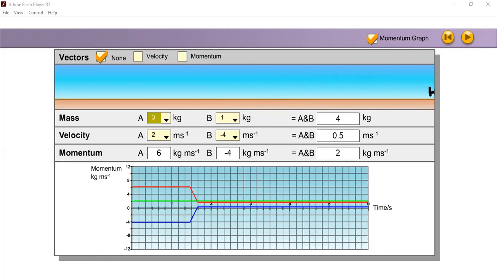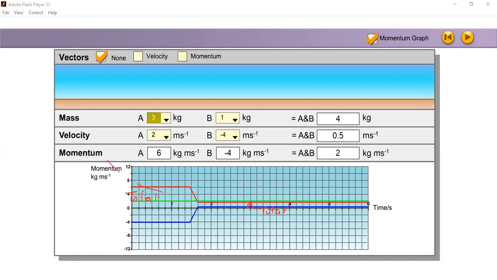Ladies and gentlemen, if we just mention momentum conserved, actually it is not correct. So what do we need to write in the exam? In the exam, we must mention the total momentum before is equal to the total momentum after.